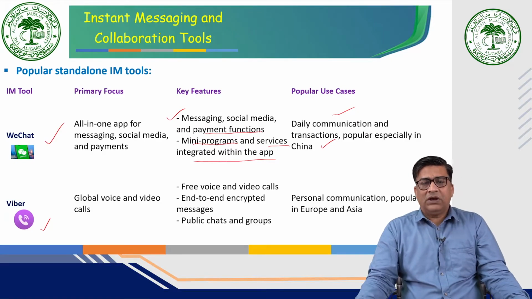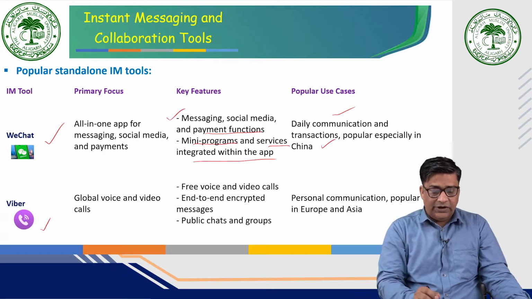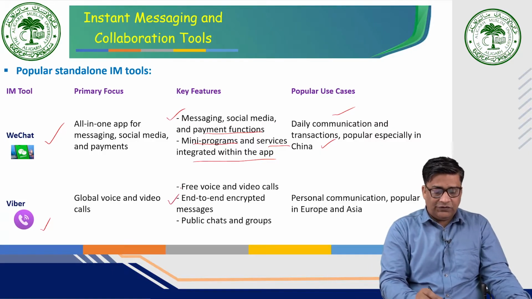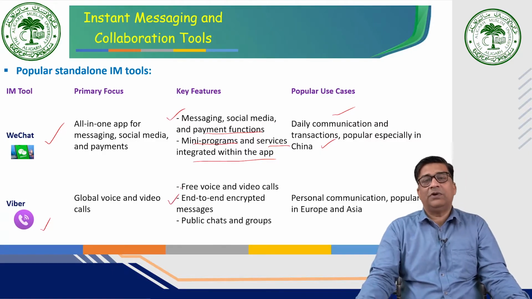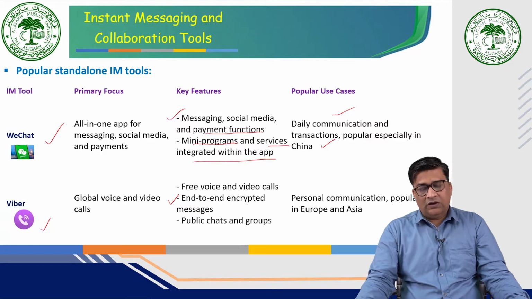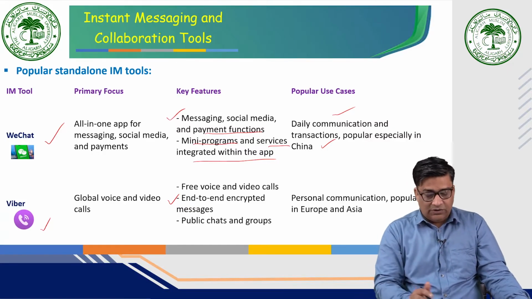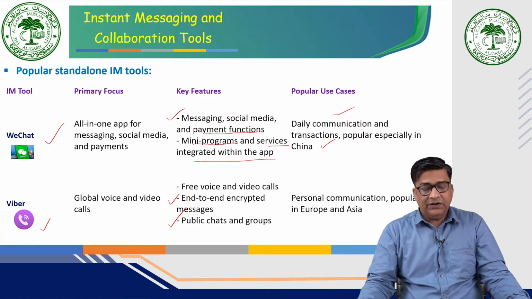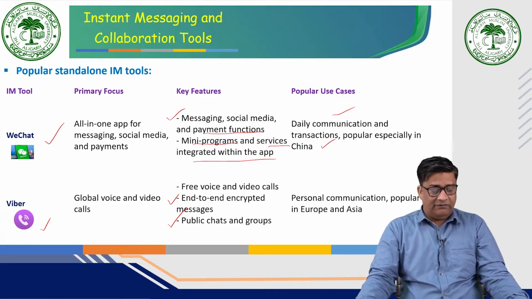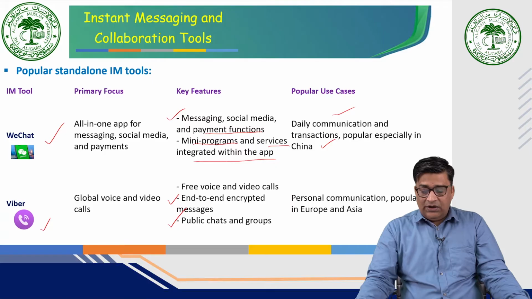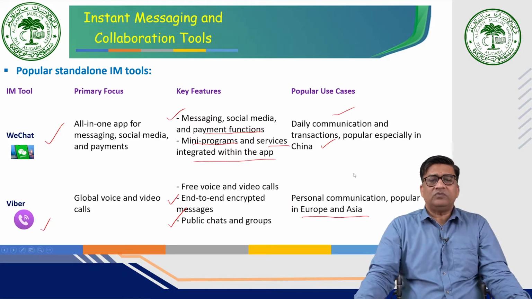It provides high-level end-to-end encryption. As you can see, most of these tools have a very common set of features that they support, mainly voice and video communication features, end-to-end encryption features, and so on. Public chat and group chat are some other features available in Viber, and it is very popular in Europe and Asia.